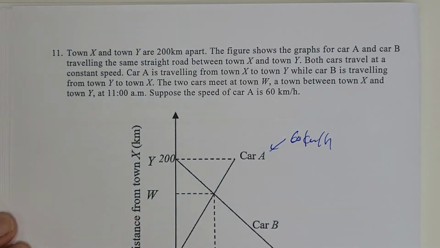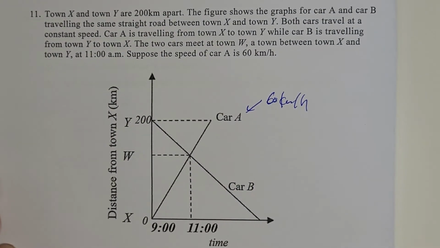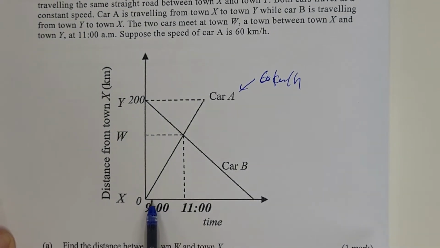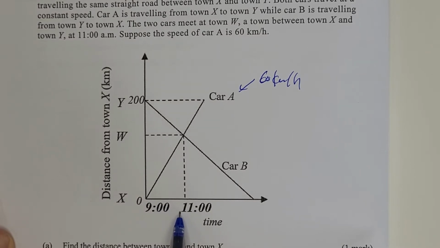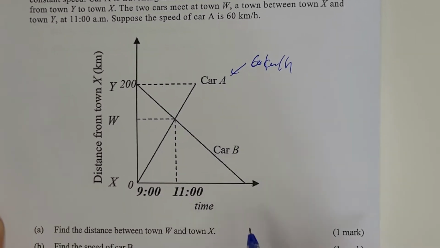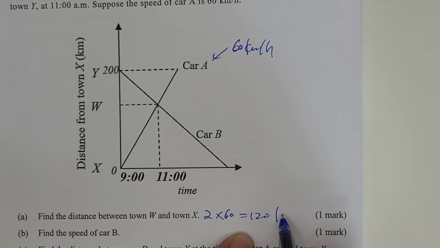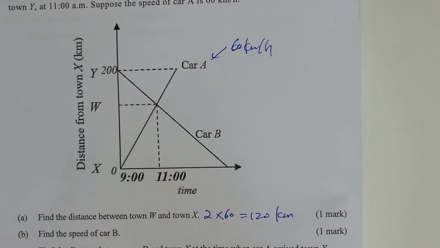So part A, find the distance between W and X. It's quite straightforward. Look at car A. It traveled 2 hours with 60 km per hour. So 2 times 60, that is 120 km. That's it.